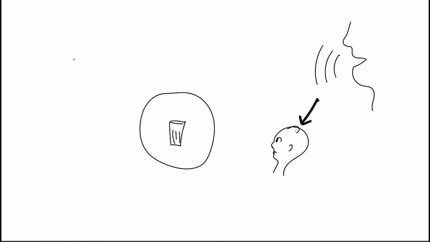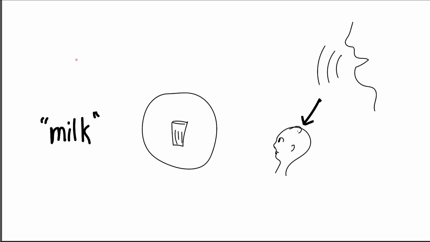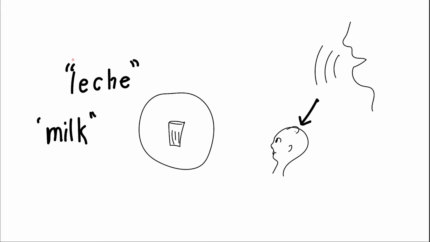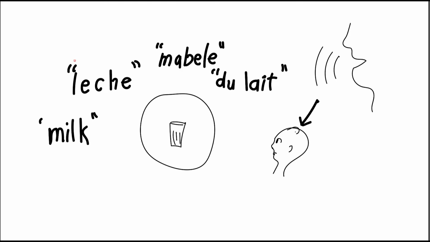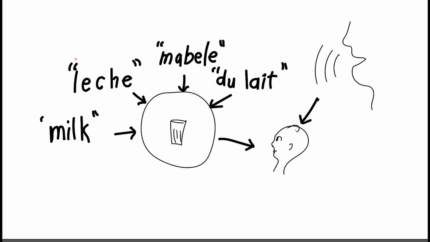After some trial and error, the toddler will use milk when speaking to an Englishman, leche when speaking to a Spaniard, ma belle to someone who speaks Chaluba, and du lait to someone who speaks French. All of these will get him or her the same thing.